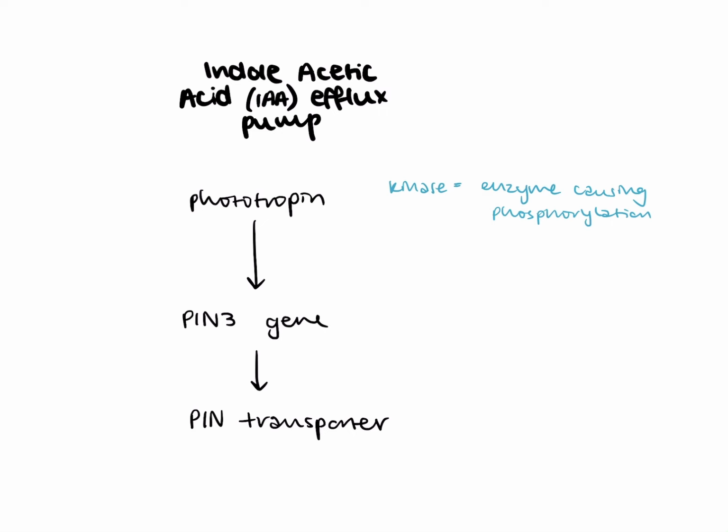Once the phototropin is triggered, this leads to the transcription of the PIN3 gene. The PIN3 gene will then synthesize PIN transporters, which is down here, and these are integral membrane glycoproteins.